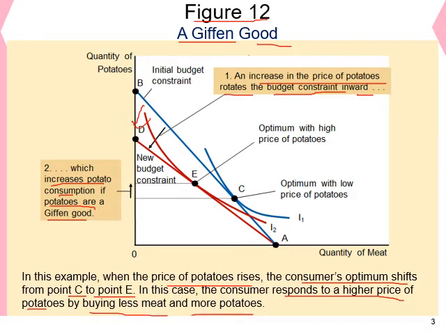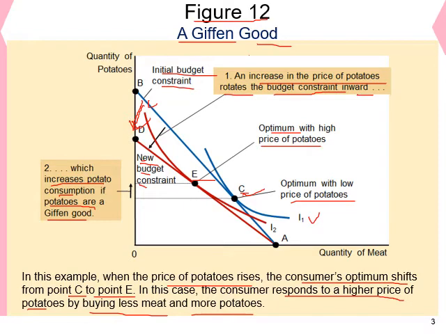We can see that the optimum with the initial budget constraint, which is the blue line here, is at point C, with a low price of potato, on the higher indifference curve I1. With the increase in the price, the budget line will rotate down, from A to D here, which is the new budget constraint, and then consumption will move from point C to point E, which is the new optimum with the higher price of potato.